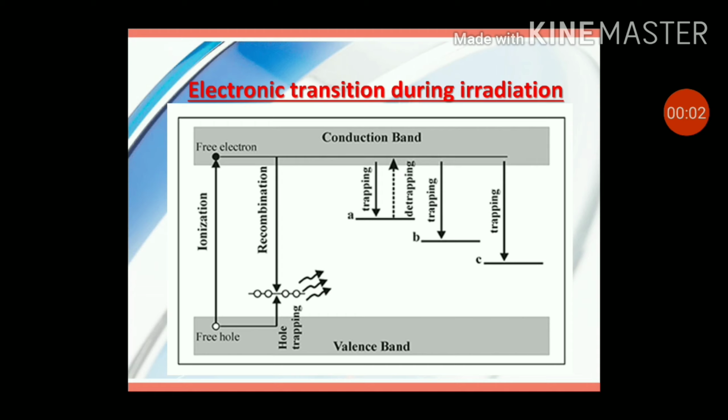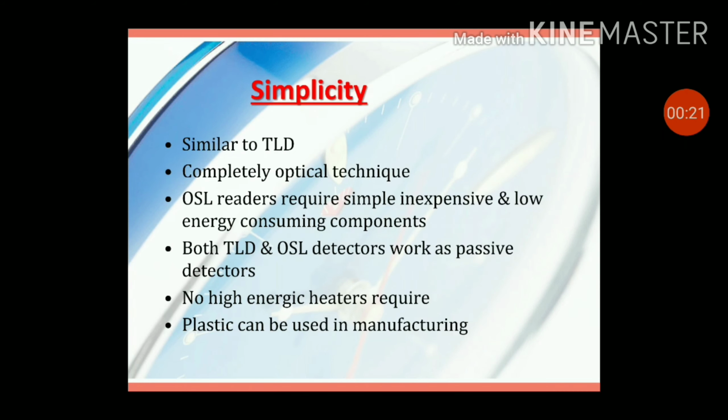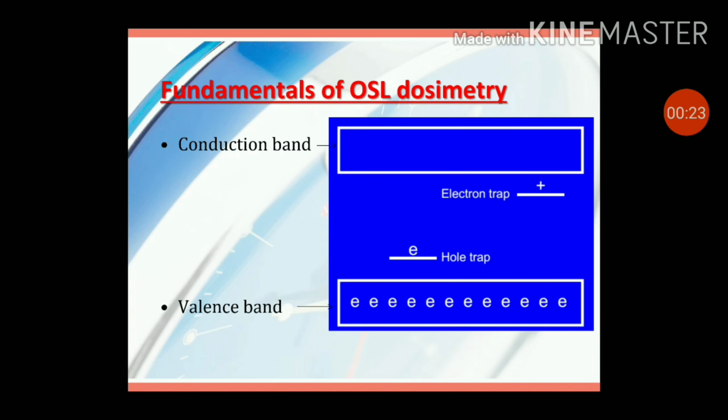In OSL dosimetry, optical transitions can occur when detector material is exposed to light. So the energy levels in the crystalline structure of the dosimeter consist of energy bands, the conduction band and valence band. I show you. So this is the conduction band and valence band.